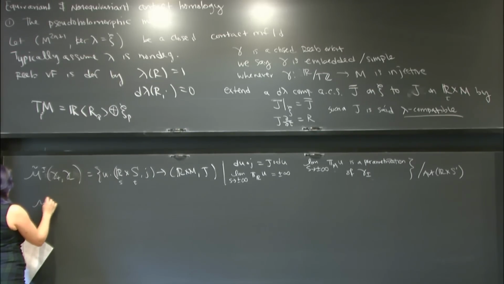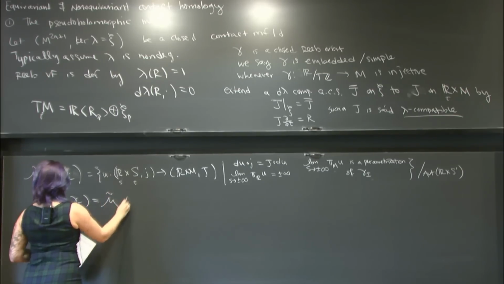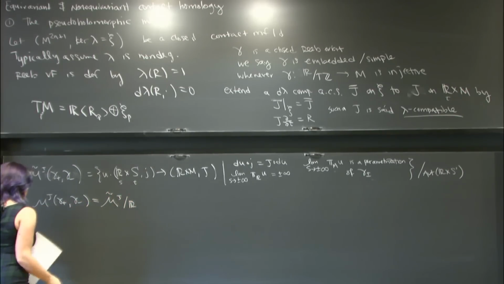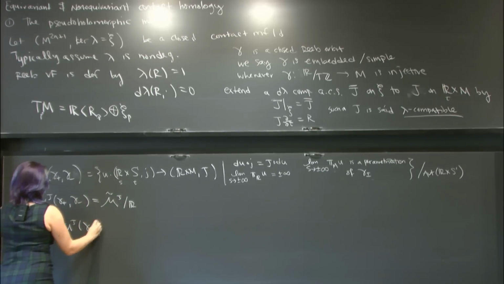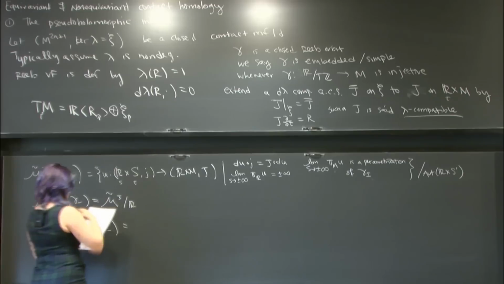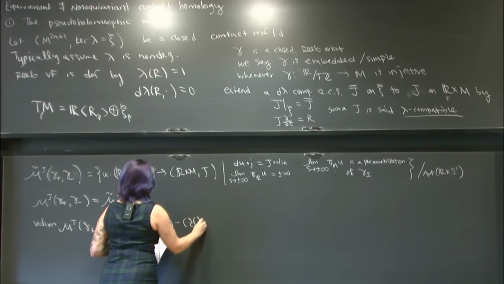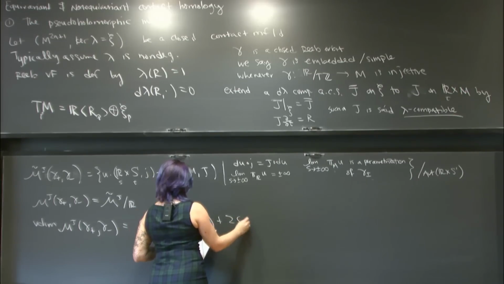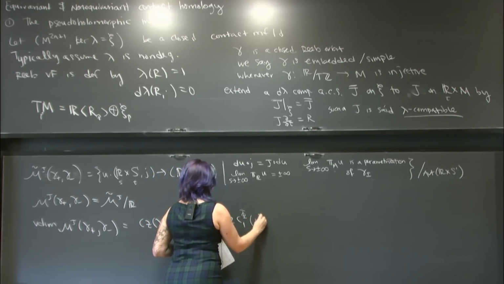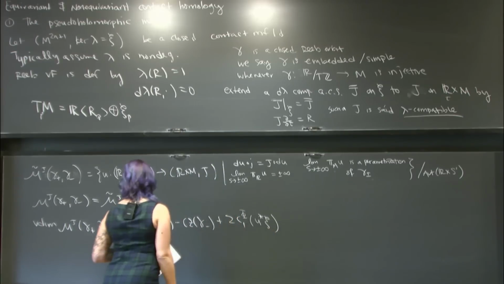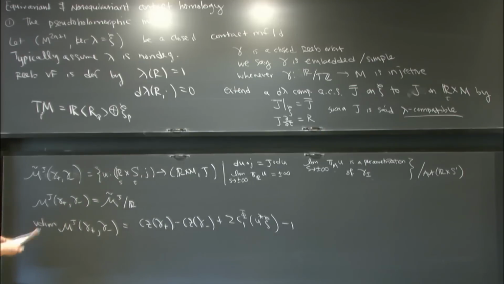So we have M_J(gamma plus, gamma minus) is just M tilde mod R. And then the virtual dimension of M_J is going to be the Conley-Zehnder index of gamma plus minus the Conley-Zehnder index of gamma minus plus 2 times the first Chern class relative to some trivialization of the pullback of the contact distribution. And then we have minus 1 because we've modded out by this R action.